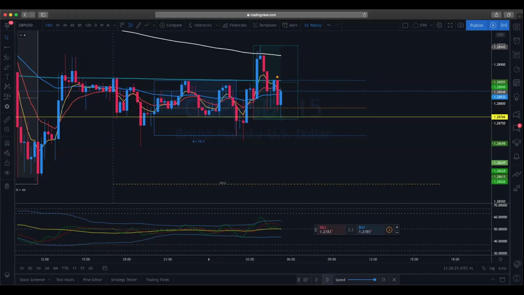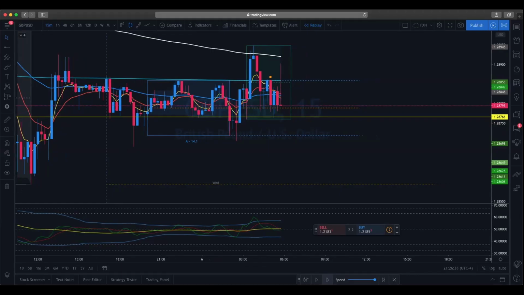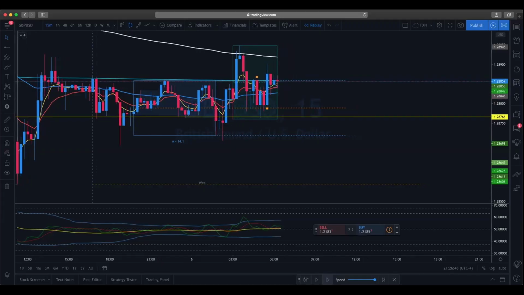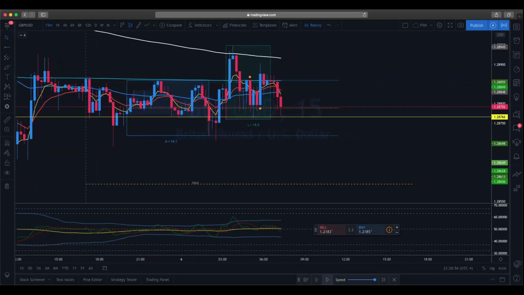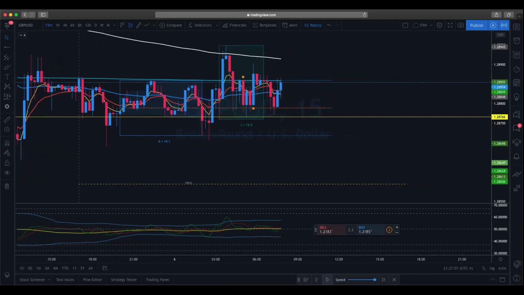But what's happening? Anybody notice anything? Why is price getting stuck in the middle of the range? You see what I mean? Look, it keeps pinning the middle of the range. What the hell, man? That's not cool.